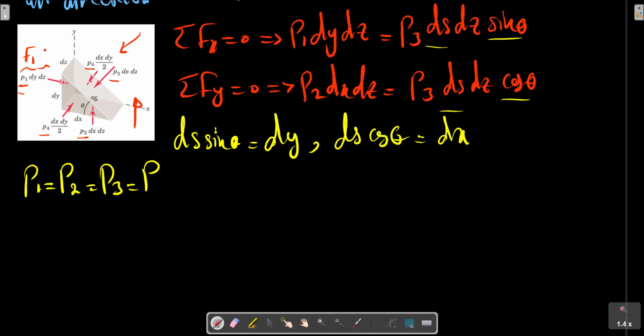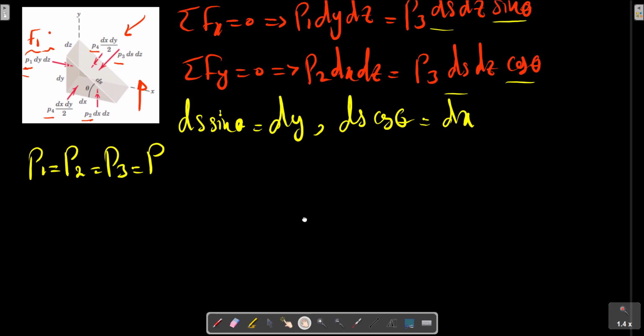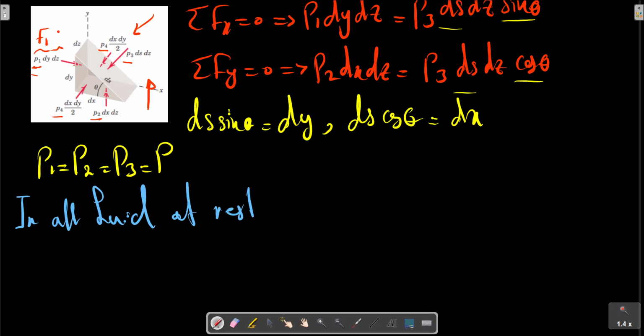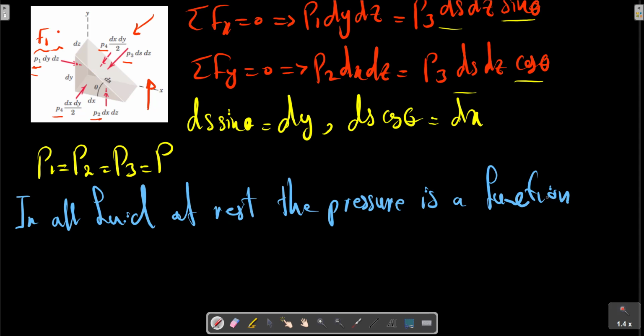In all fluids at rest, the pressure is a function of the vertical dimension.